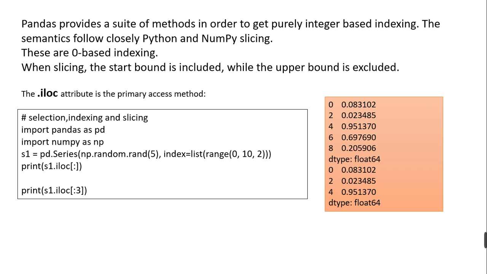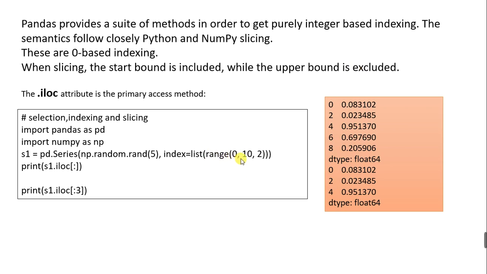Now while creating the series, I have given the specified index, and that index is obtained by using the range function of the list. You can see it here. I am generating random numbers. I have given the value 5, so 5 random numbers will be generated. Since I am giving the specified index, the index values will not be from 0 to 4. They will be generated according to the range specified here.